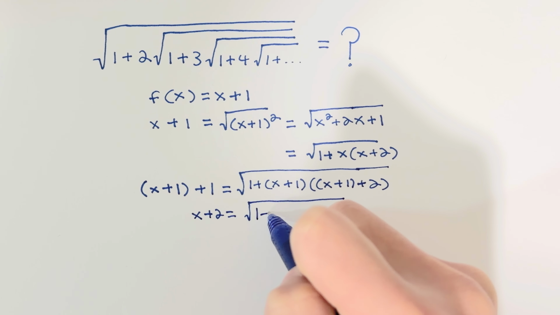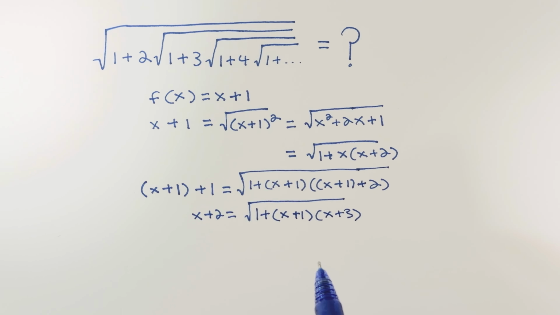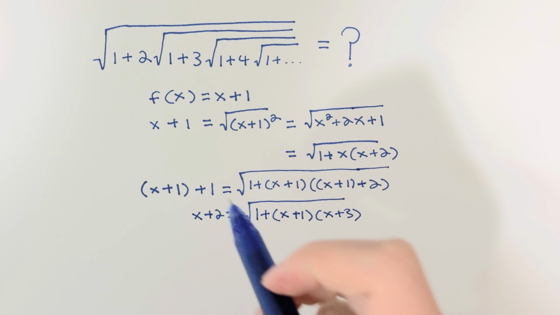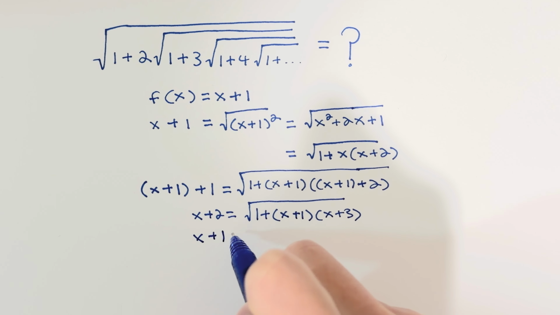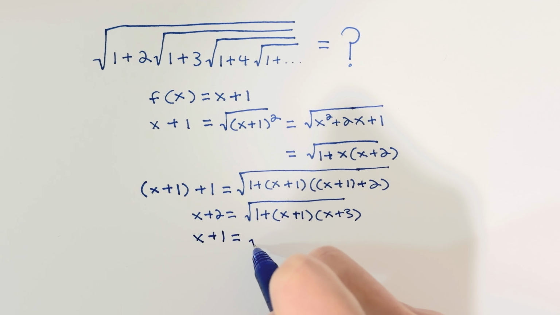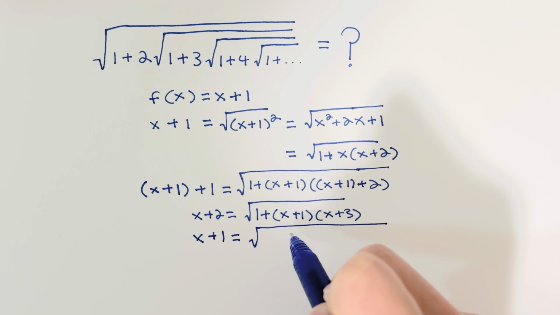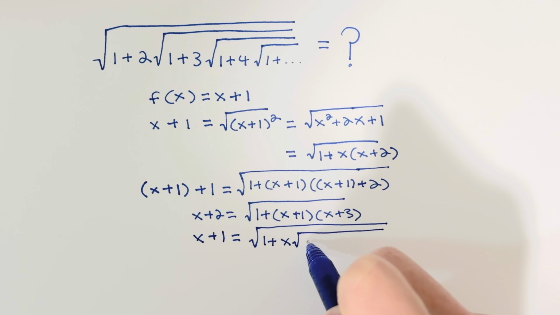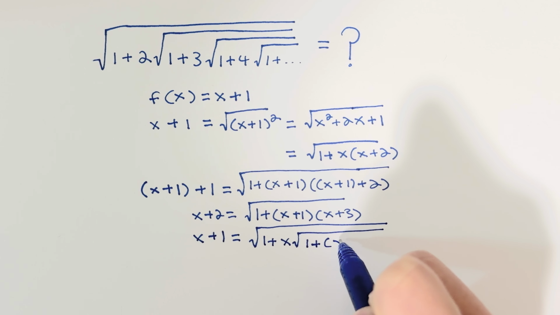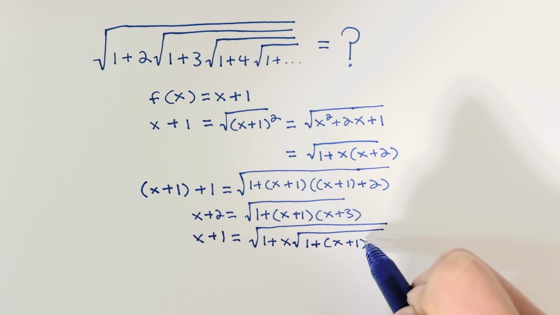Now we take this new expression for x plus 2 and plug it back into our first equation, and look at what happens. x plus 1 will equal the square root of 1 plus x times the square root of 1 plus (x plus 1) times (x plus 3).